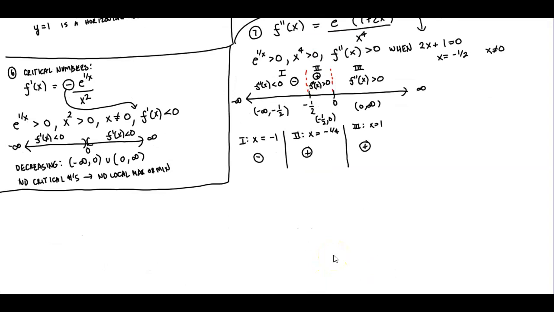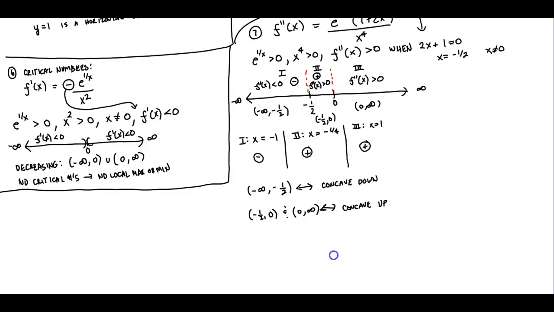We can see that in the interval from negative infinity to negative 1/2, it is concave down. And then from negative 1/2 to 0 and 0 to infinity, the second derivative is greater than 0.